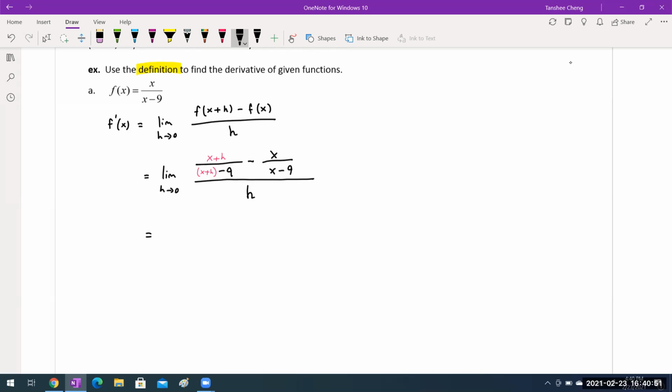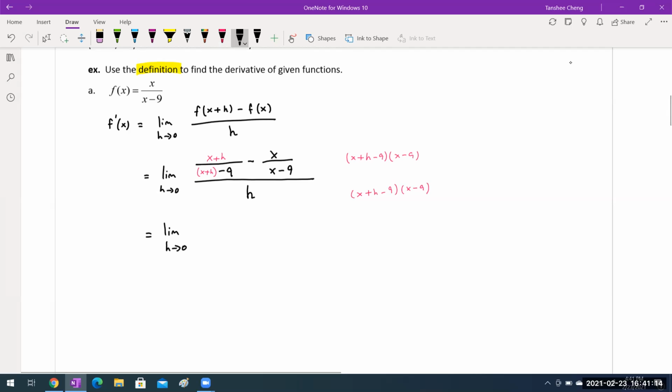So now, to simplify this further, I need to multiply the numerator and denominator by the LCD, which in this case is x plus h minus 9 and then x minus 9. We're going to multiply both numerator and denominator by that to clear the fractions.